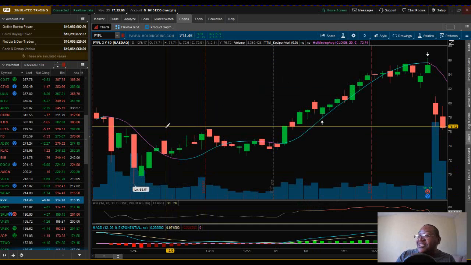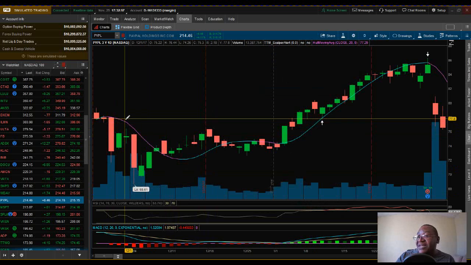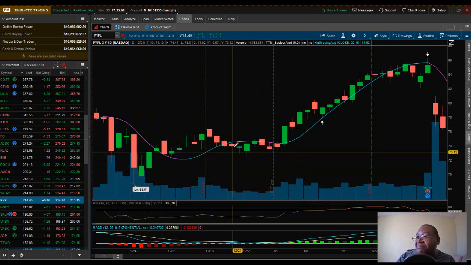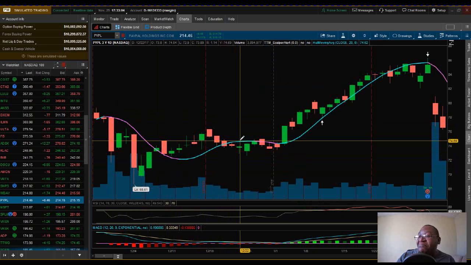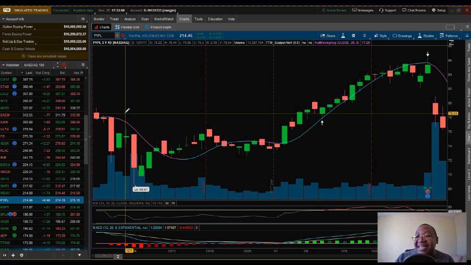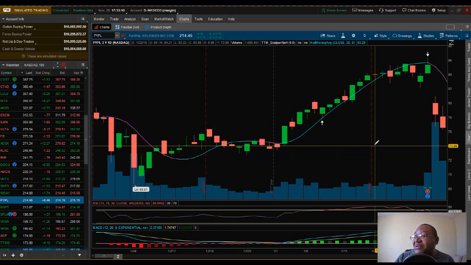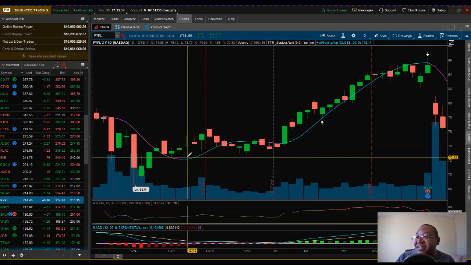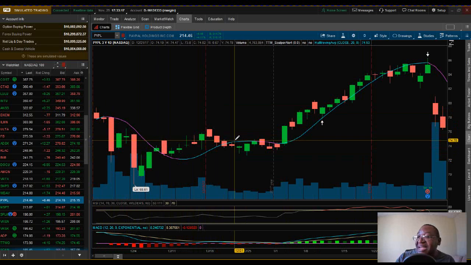As you can see, there are two colors. It looks like it's set up as purple going down, light blue going up. Basically, what these two colors represent is where the trend is at right now as we're looking at the stock. Here is a downward trend, and now we're seeing an upward trend.